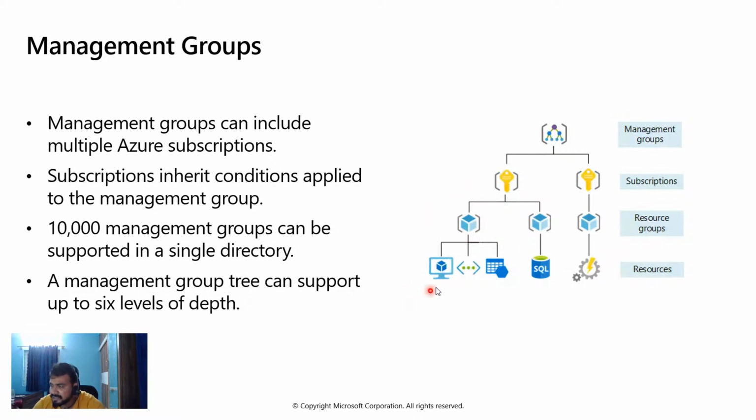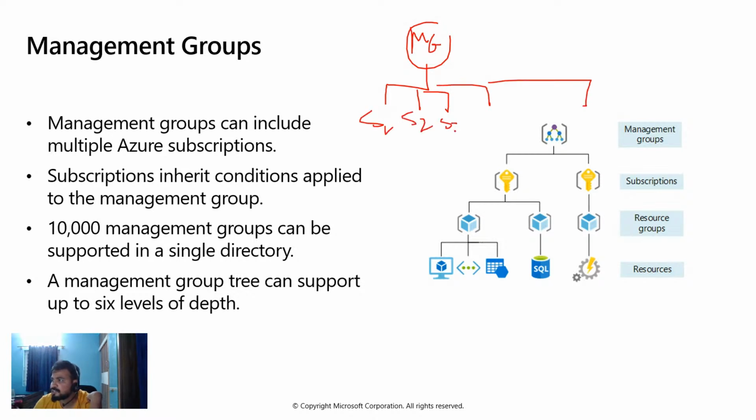So management groups, we saw how these are created. If I show it in a better way, a management group is here. Inside this, subscription 1, subscription 2, subscription 3, subscription 4, subscription 5.